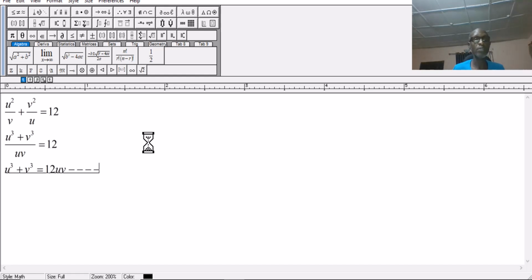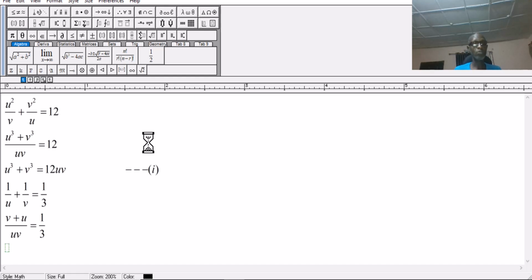So let's term this I1. Then the second one is 1 over u plus 1 over v equals 1 over 3. So solving this will give us v plus u over uv equals 1 over 3.